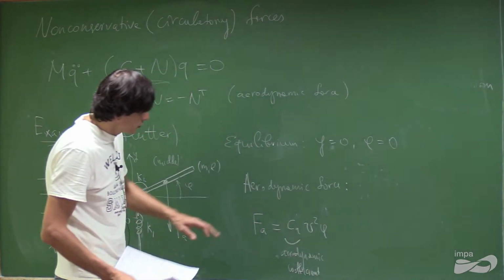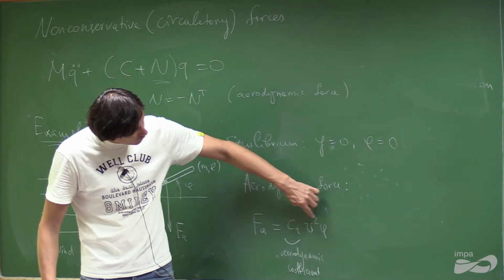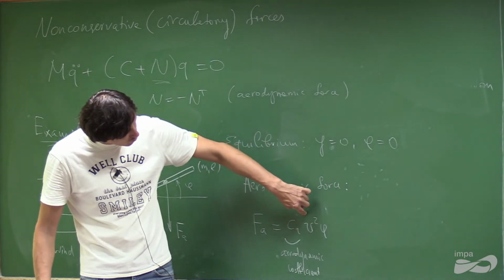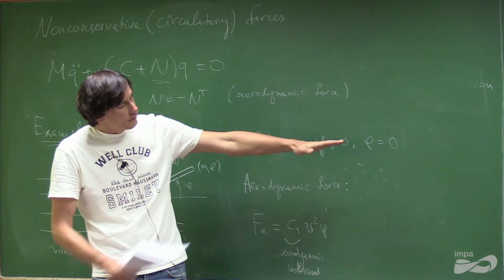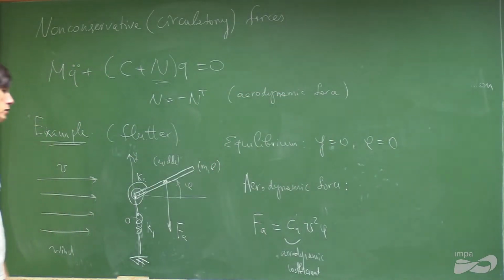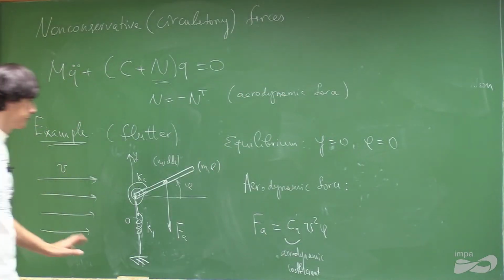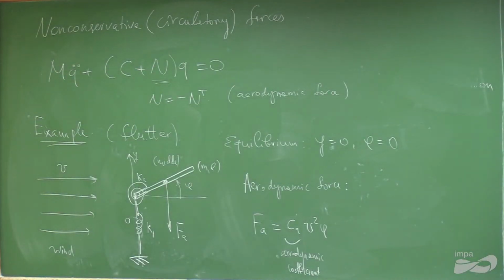So the force is composed of the aerodynamic coefficient, the square of the velocity, and the angle. If there is no wind, there is no force, or there is no force if the plate is just looking in the direction of the wind. So that's our model. That's it. So the first step is writing the equation of motion.